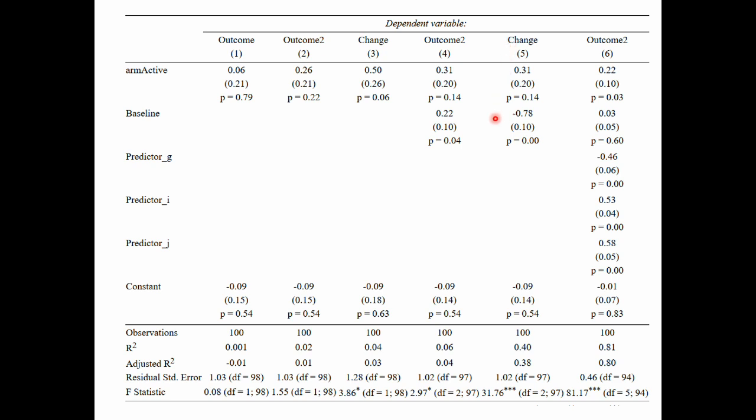But if you'll notice here, the change score is also correlated with the baseline. People who start off low are more likely to have a greater change because of regression to the mean, our old friend. So now we see every 1 unit increase in the baseline is equal to a decrease in the change, and that's a highly significant effect.